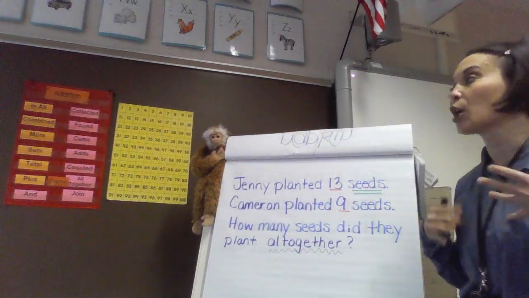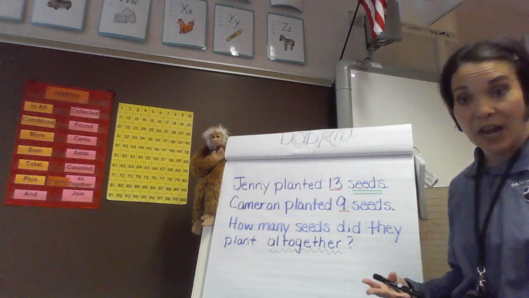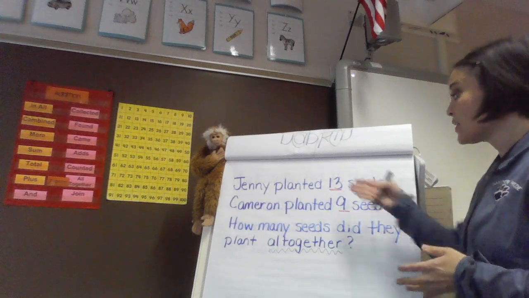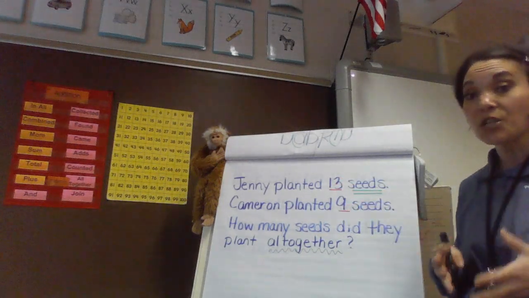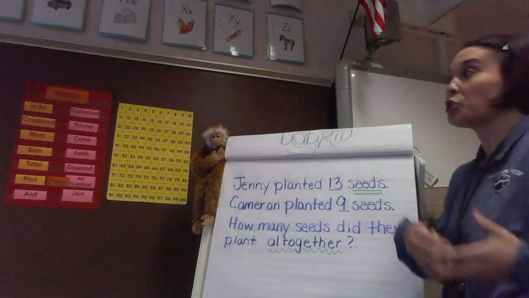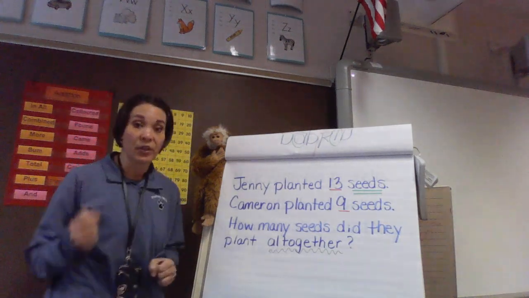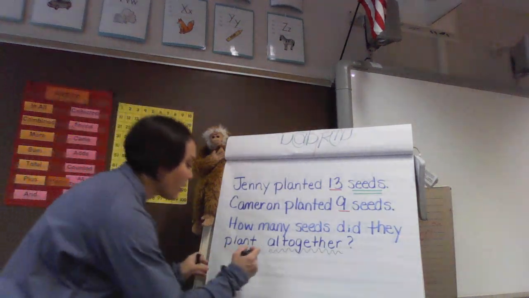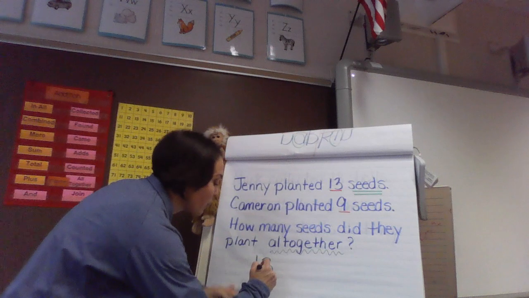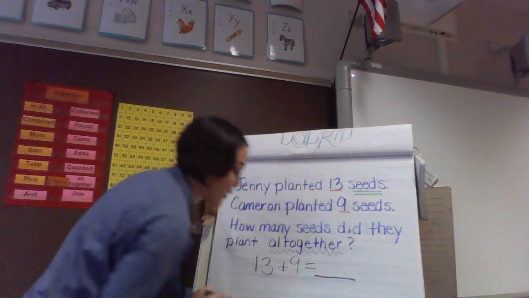So once you find that clue word, now you can go ahead and you could start developing a number sentence. In this case, since I have 13 and 9 underlined, all together we understand is going to be that addition clue word. So now I want to make a number sentence with 13 and 9. So I'm going to have 13 plus 9 equals blank.